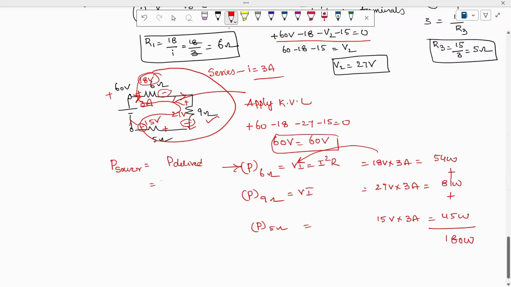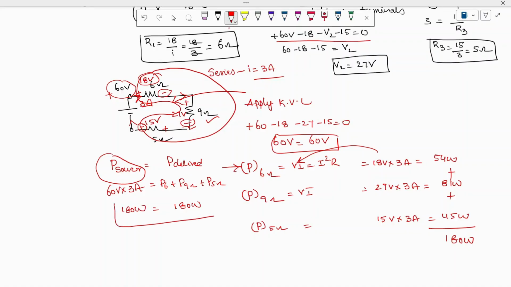So the power absorbed by 6 ohm resistor, 9 ohm resistor, and 5 ohm resistor is nothing but 180 watts. And what is the power from the source? So what is the voltage of the source? 60 volts supplied by the battery multiplied by the current supplied, so 60 into 3, which is nothing but 180 watts.